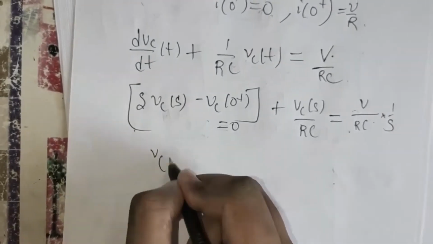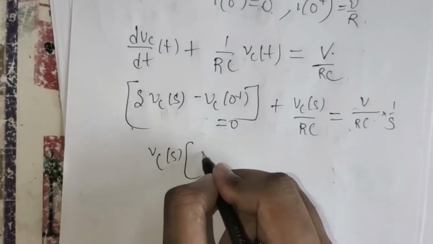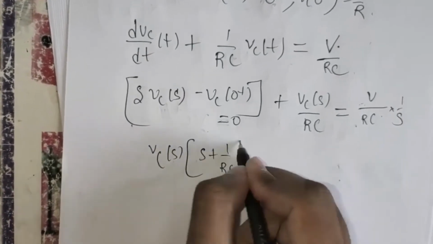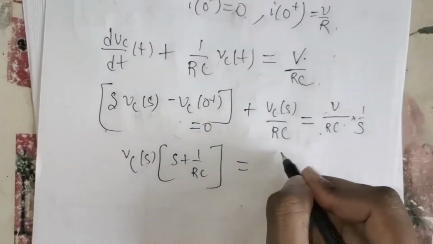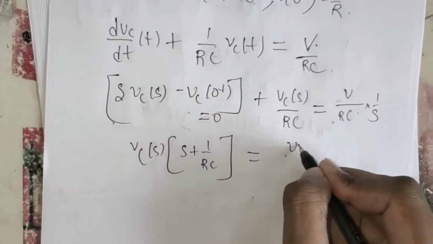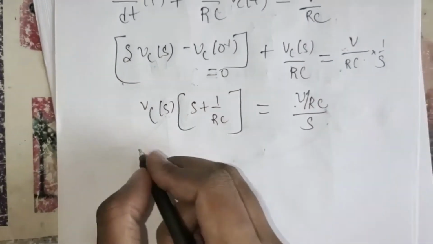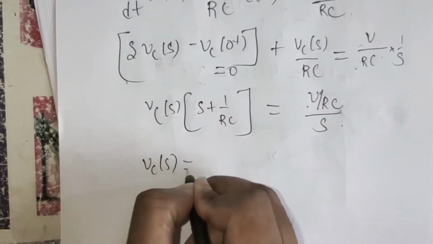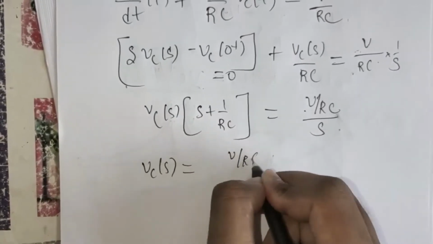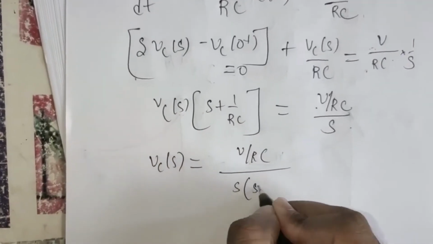If I take Vc of S common, S plus 1 by RC is equal to V by RC by S. So Vc of S is equal to V by RC by S into S plus 1 by RC.